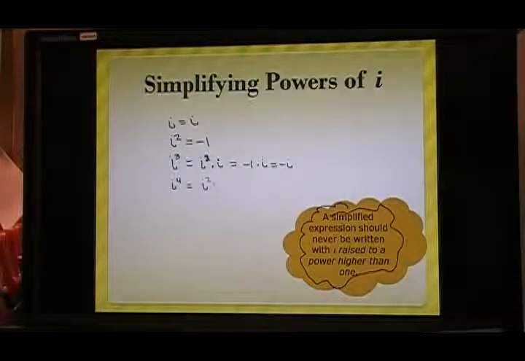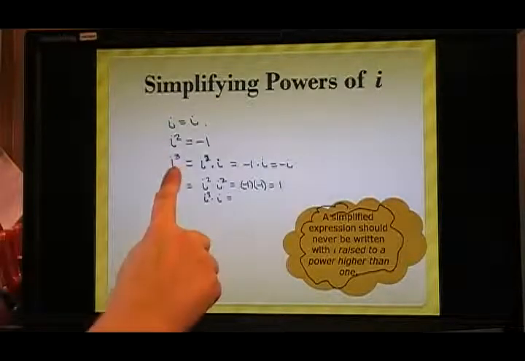If you do i squared times i squared, you'll have -1 times -1, which is +1. If you find the value of i to the fourth using i to the third times i, same thing.